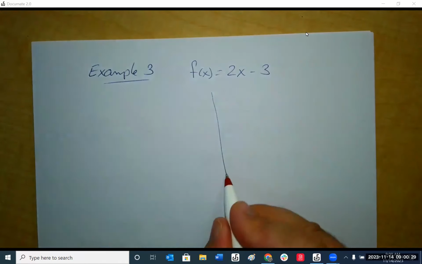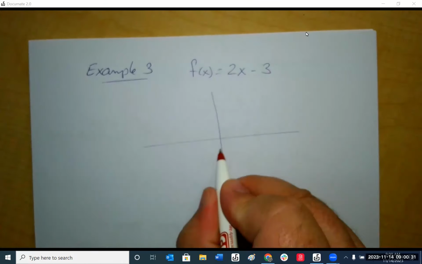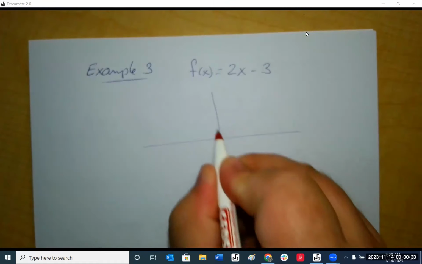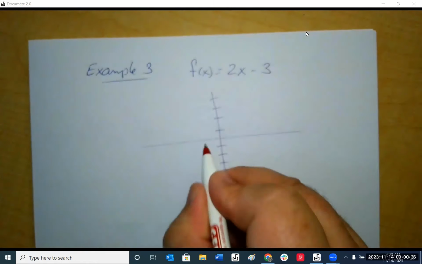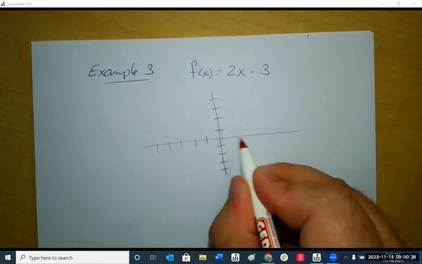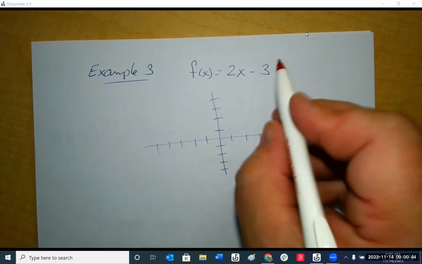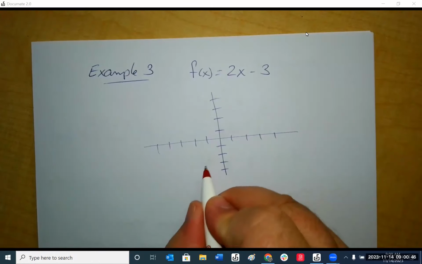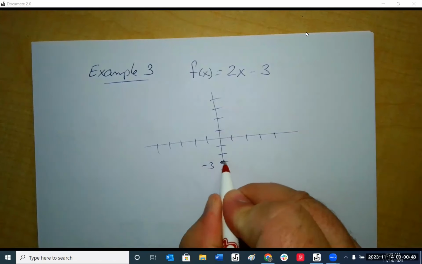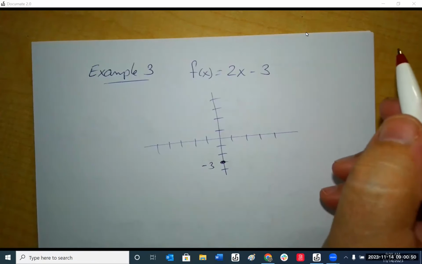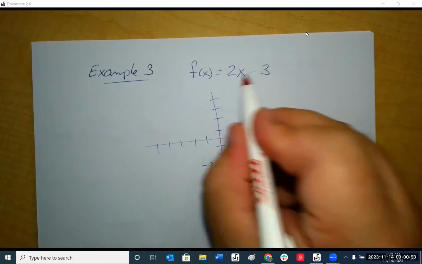So what's this graph going to look like? A line. Yes. So what's the y-intercept? And the slope?